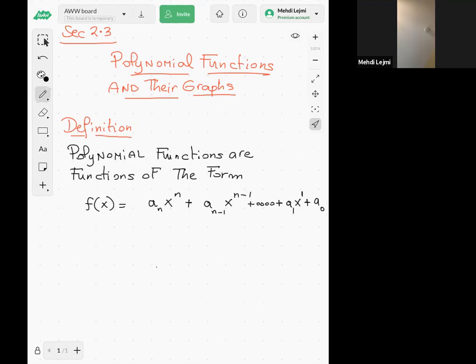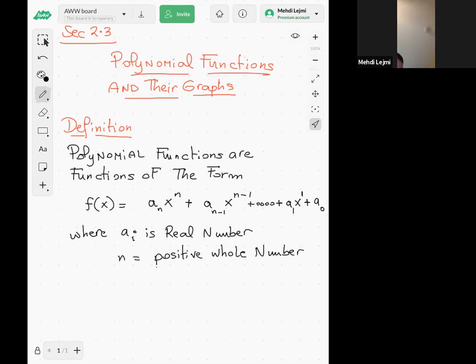So each a subscript i is just a real number, and n must be a positive whole number.